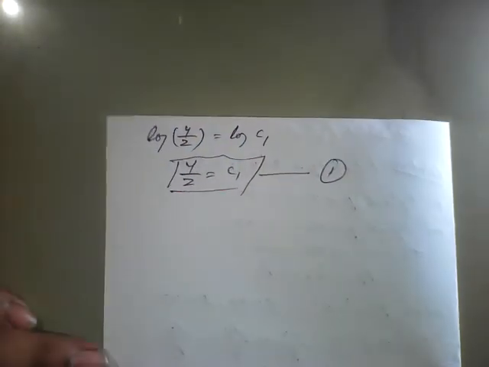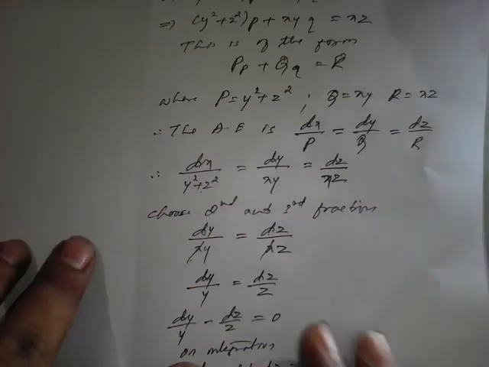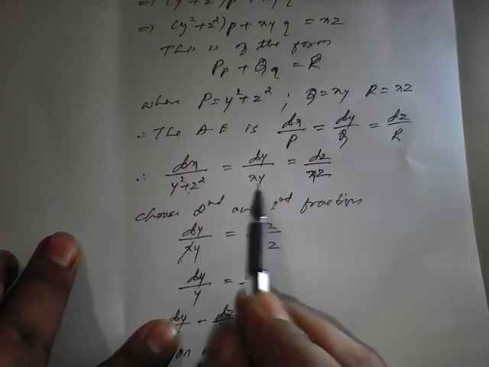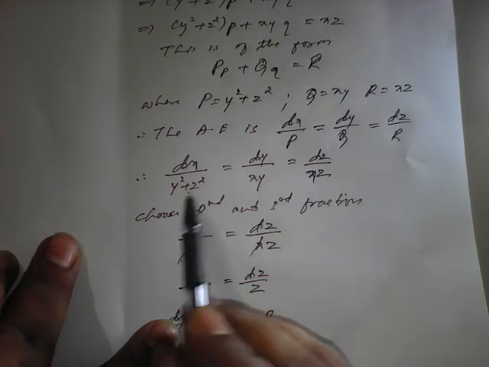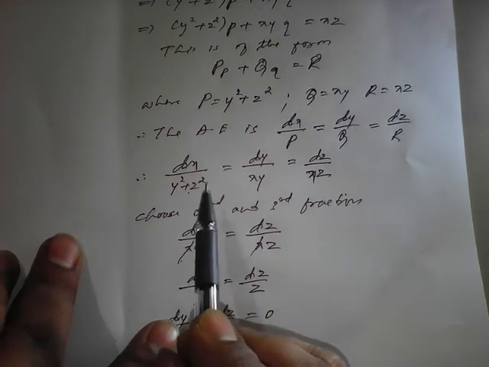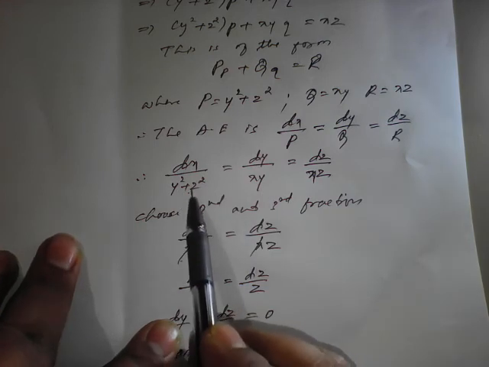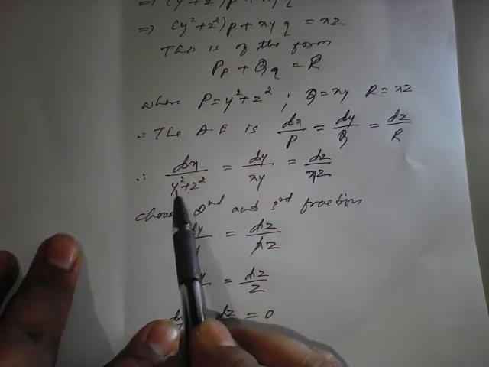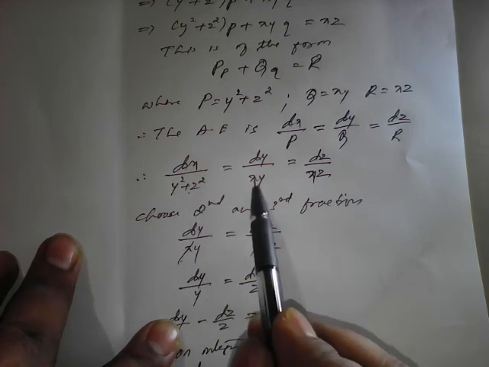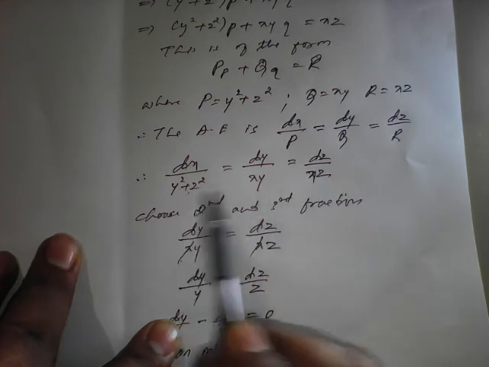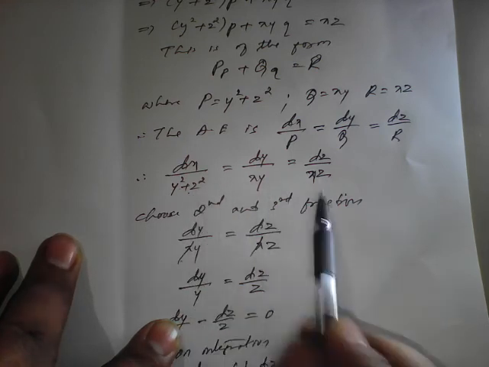Now if you go back, so just come back here. So here if you see, second and third we have taken, so next it is not possible. So to make it possible, we have to choose a multiplier. So we have to choose a multiplier in such a way that, if I take this y square plus z square, xy and xz, I need to multiply in such a way that if I add all of these, I should get answer 0.